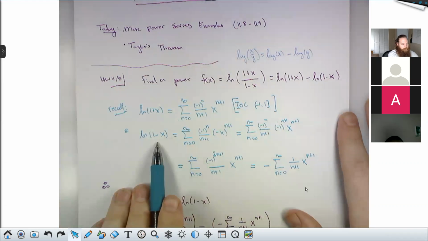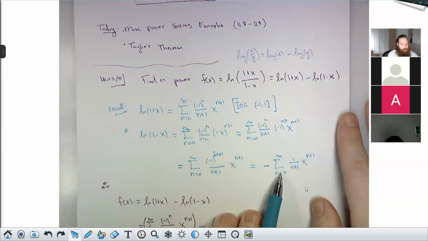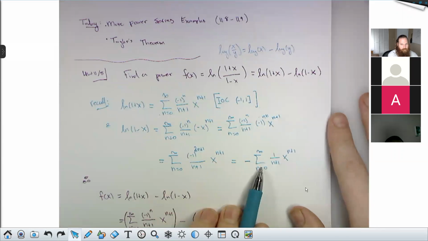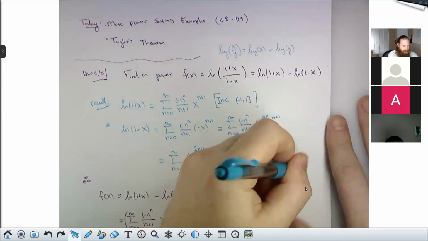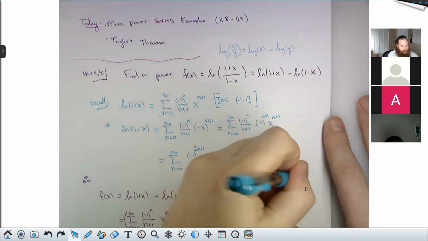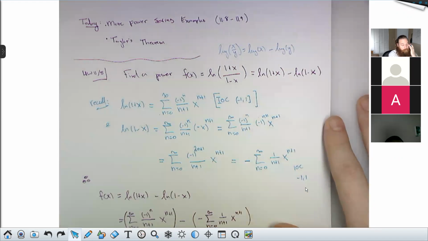This series, which simplifies to this, has an IOC that is open on the right and closed on the left. The IOC here is also going to go from -1 to 1.